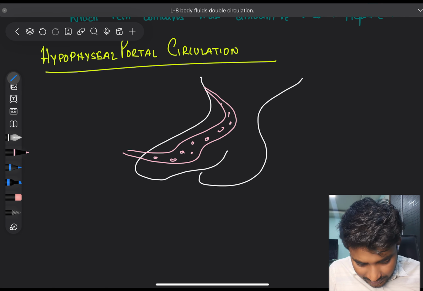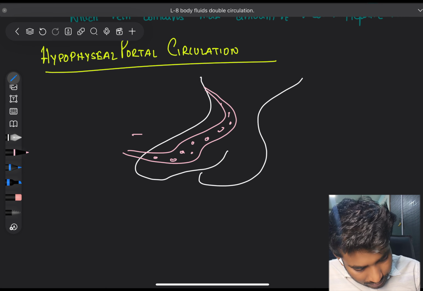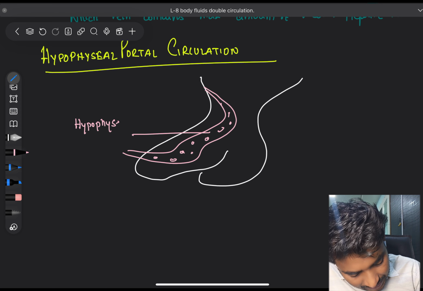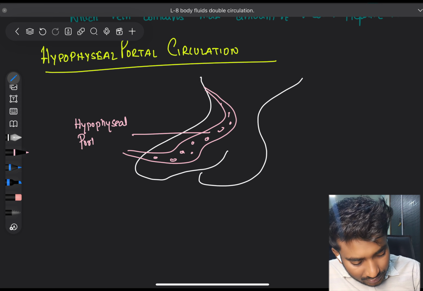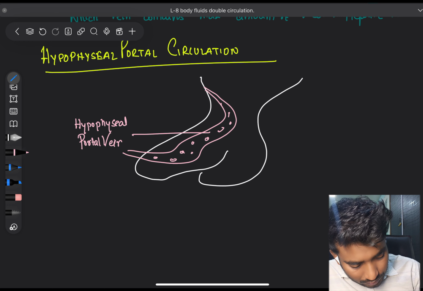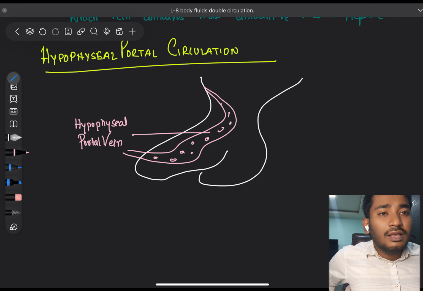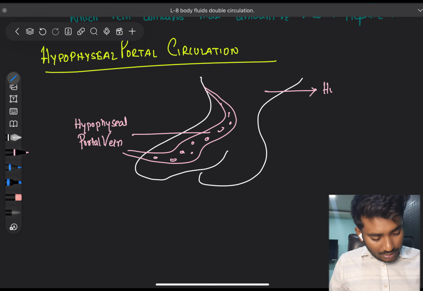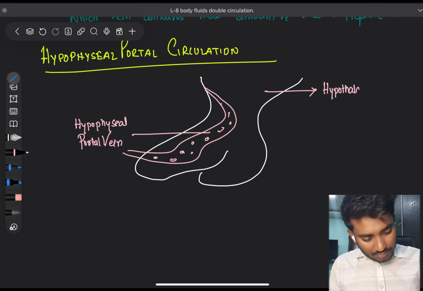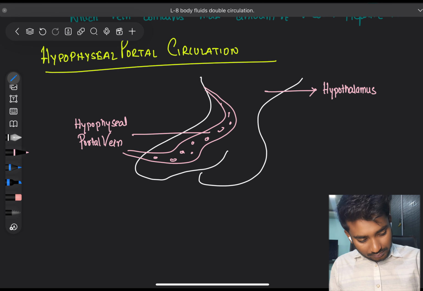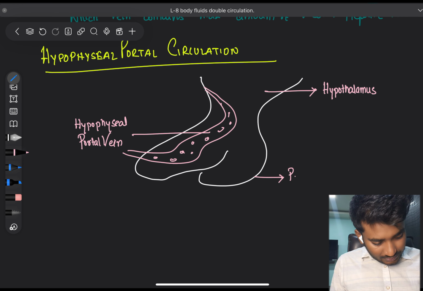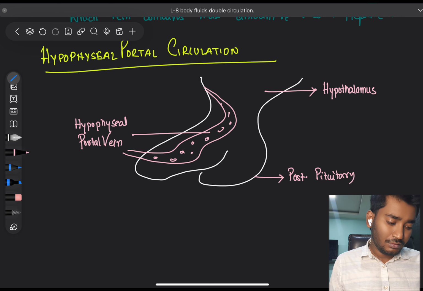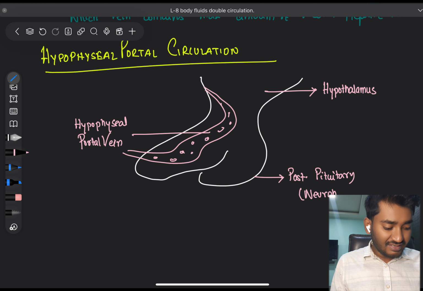Now this is the hypophyseal portal vein. So what happens? This is the hypothalamus. This is the posterior pituitary, or neurohypophysis.